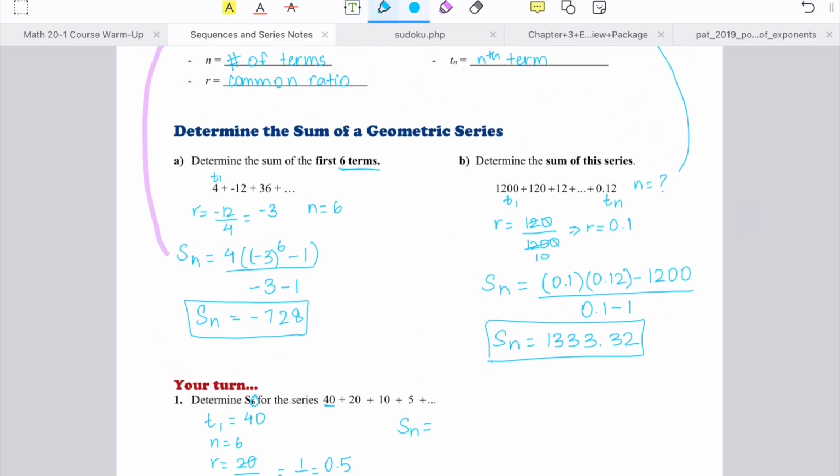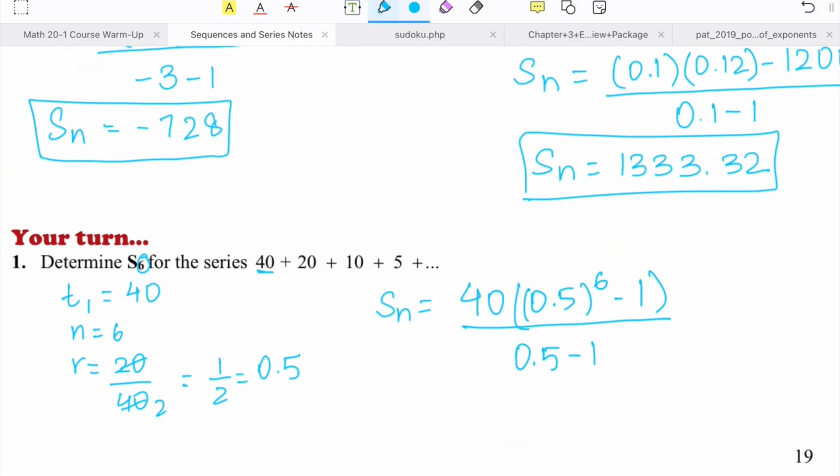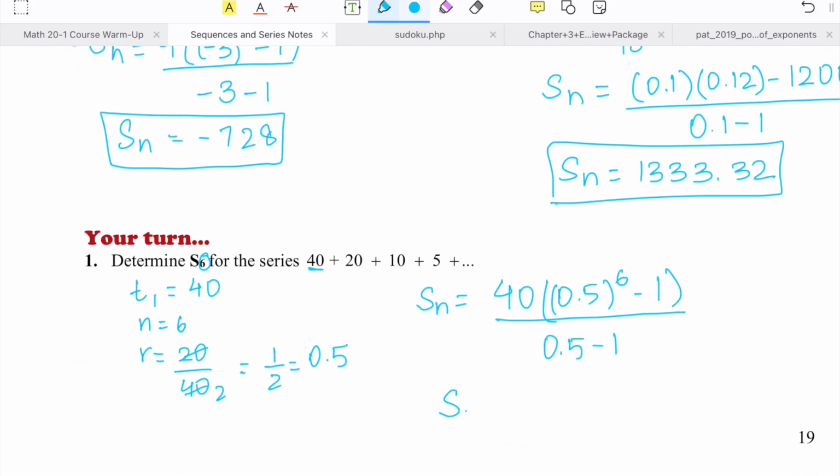The first one, because Tn isn't given. T1 is 40 times r, which is 0.5, to the power of 6 minus 1, over r, which is 0.5, minus 1. Put that into the calculator and you'll get 78.75.